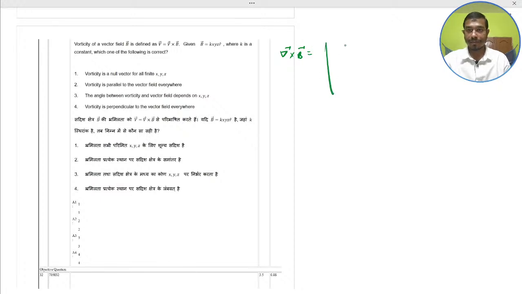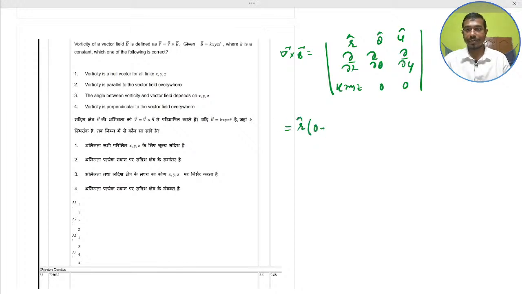that in the polar form, r cap, theta cap, phi cap. Put this value, del del r, del del theta, del del phi. Here k x y z, 0, 0, that is r cap times 0 minus 0, minus theta cap times 0 minus 0, plus phi cap times 0 minus 0.